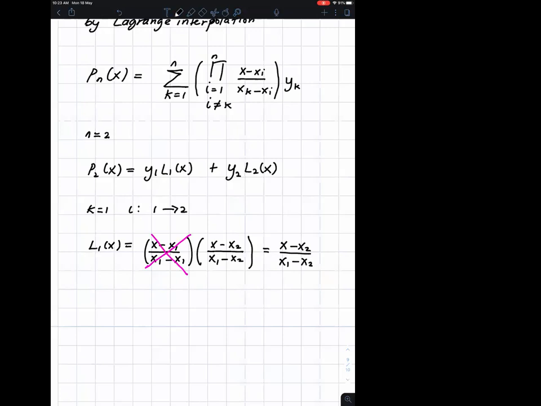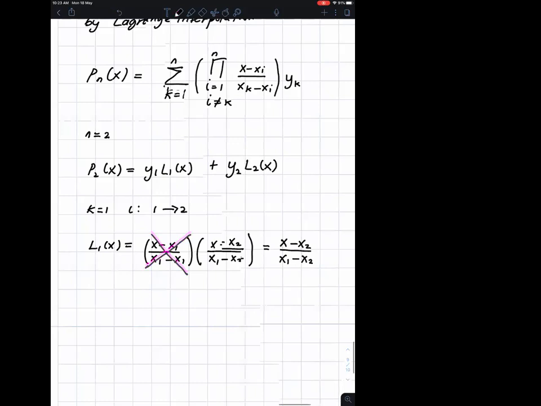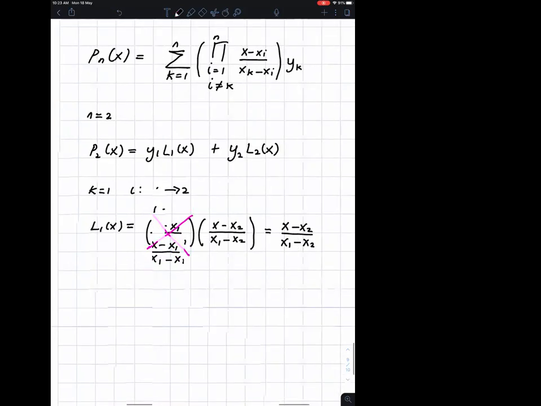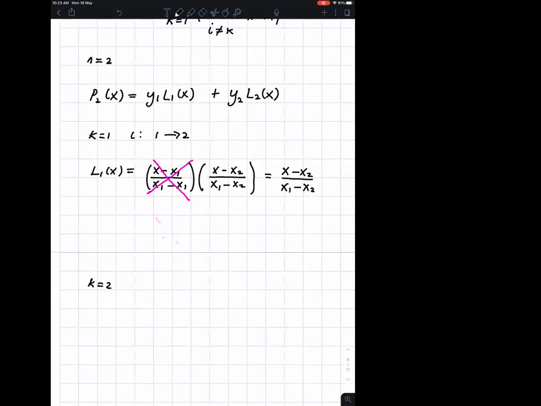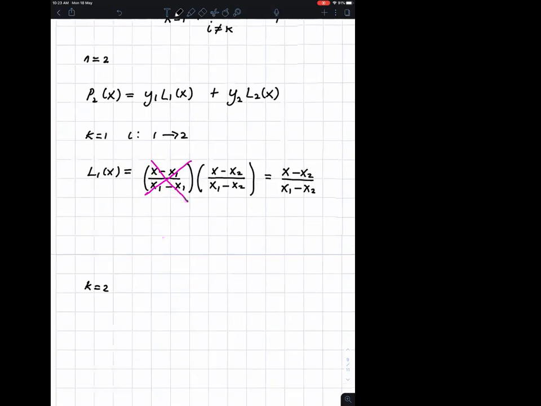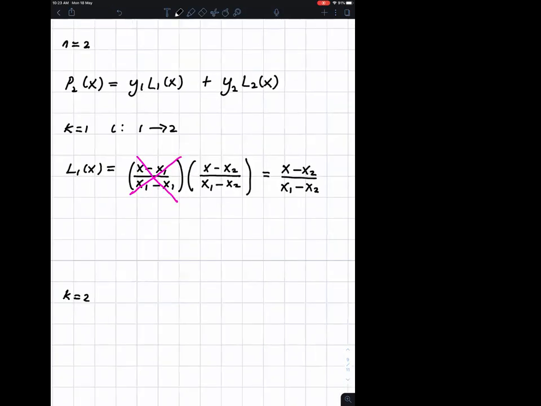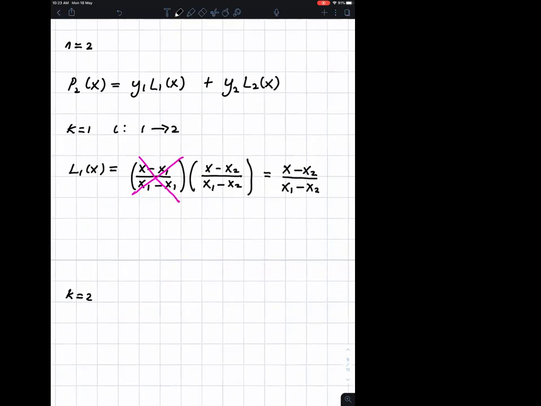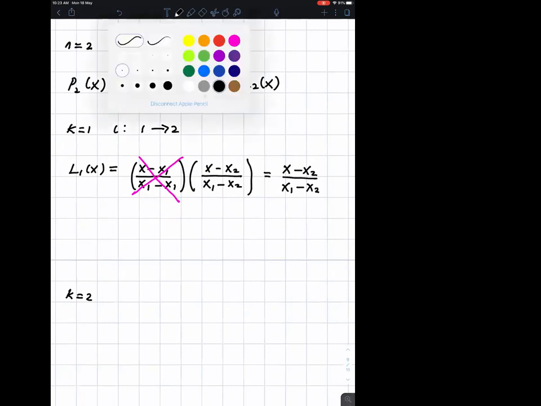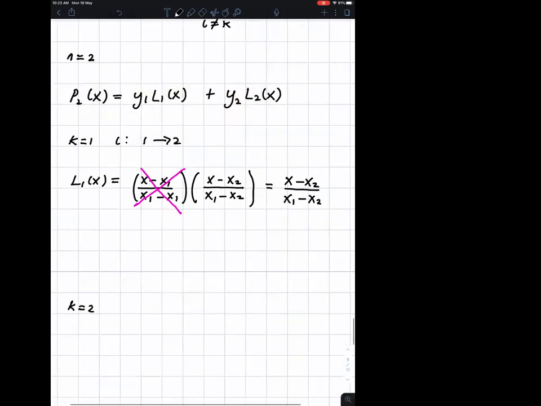Now next we go into, now fix k is 2. Do you guys have any question on the previous one? Any questions so far? So have to times y1, am I right? Oh yes, forgot about that. Thank you. So this formula here, we have y1, so we're going to times by y1.